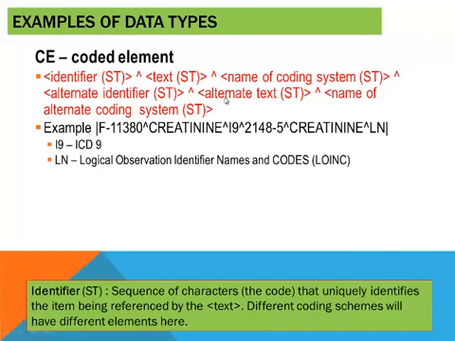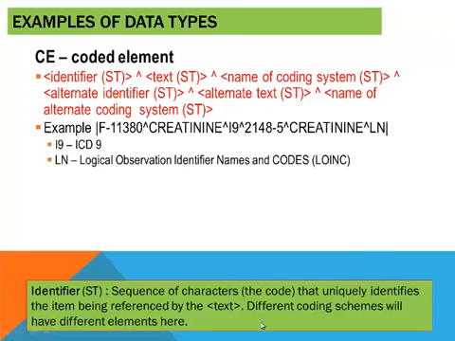Then we also have the alternate part here. For example, this is the code system from the logical observation identifier names and codes. From this specification we also have the text corresponding to this identifier.